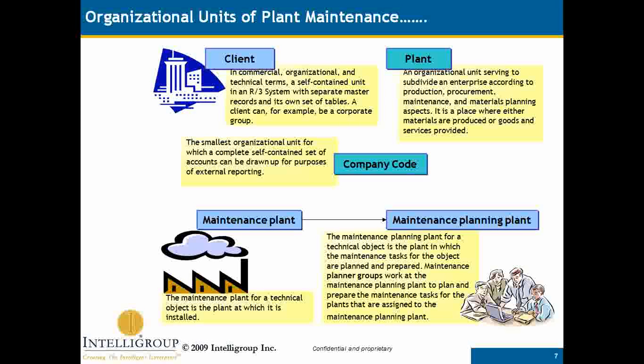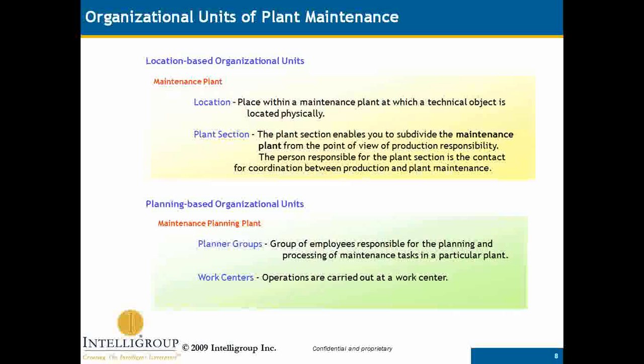That is the maintenance plant. The planning plant may be the same plant or a different plant, where the activities to be done for the plant objects are planned. Okay, clear? So we will bring the next slide.